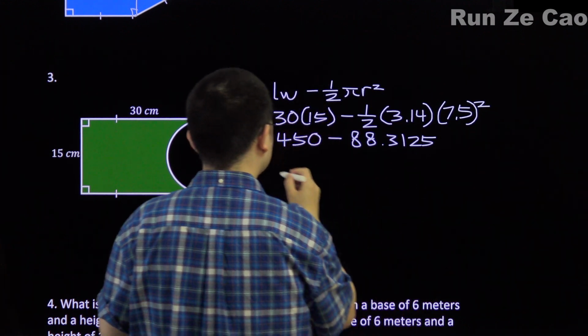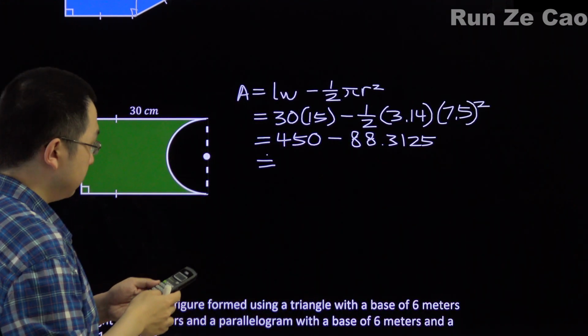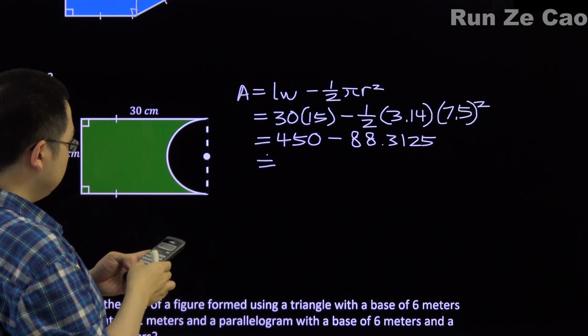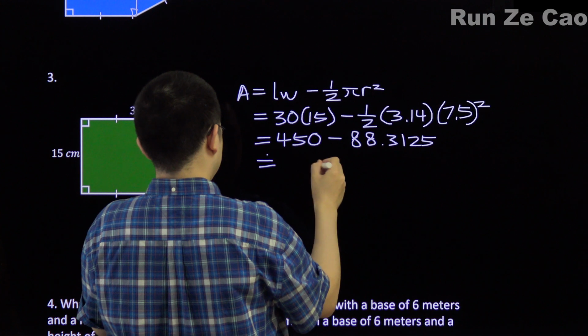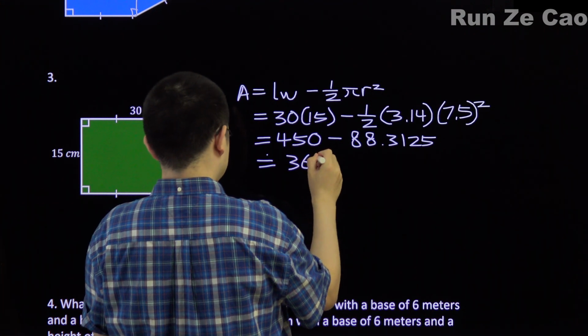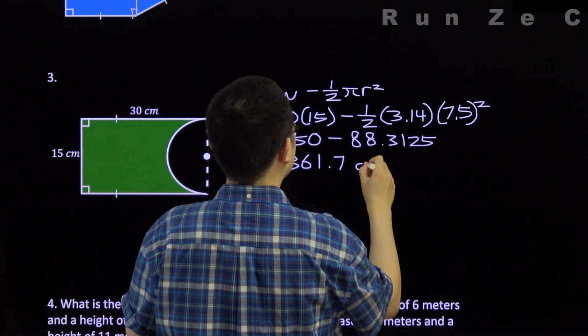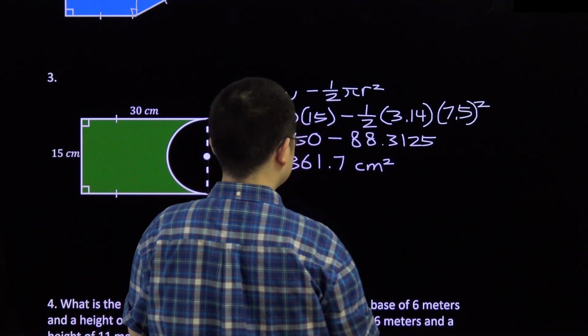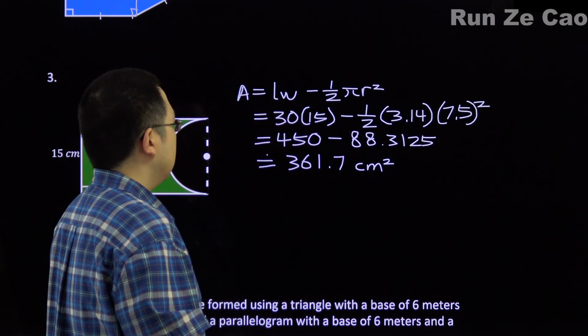Yeah, we're just going to write it out, which is approximately 450 minus 88.3, 361.7 centimeters squared. Okay.